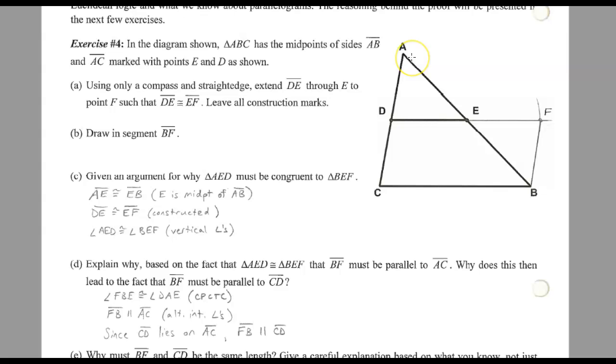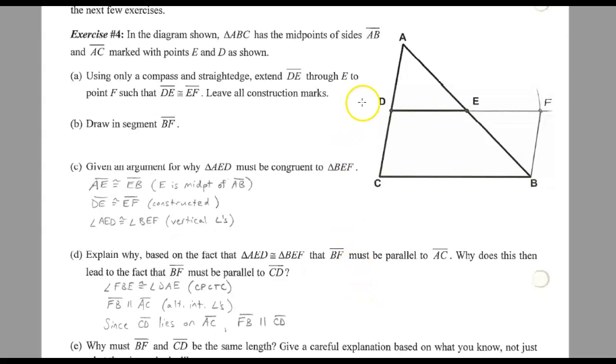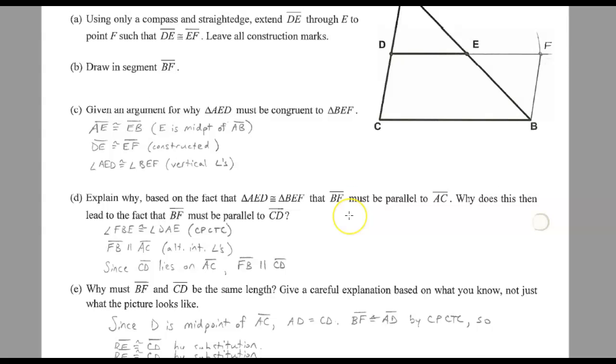And because those corresponding angles are equal, now my lines are parallel. Okay, so if I follow transversal AB across the conjectured parallel lines FB and AC, the angles that would create parallel lines are in fact congruent because of the triangles, and so that allows me to say that the lines are parallel. And since CD falls on AC, we know that FB is also parallel to CD because that's just a portion of that segment.